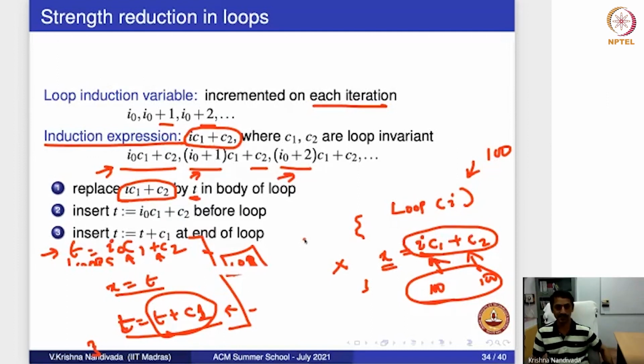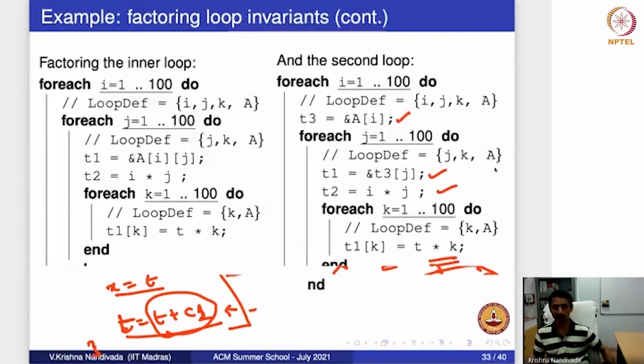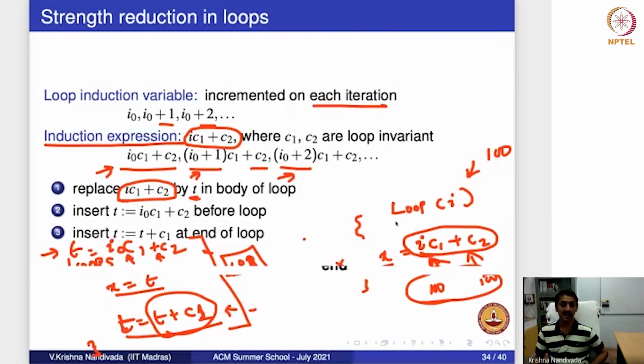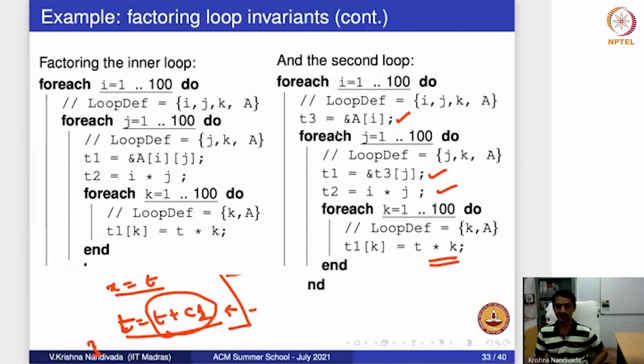Fine. Let's continue. So if we go back to this particular loop, do you see any code where I can do strength reduction? Do I have any induction expressions that we talked about? Is there any induction expression? Just look at this loop.